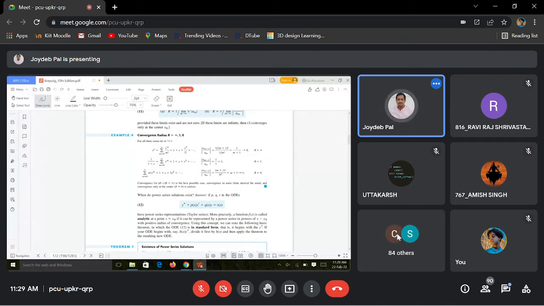Now the last one, see this: the sum over m from 0 to infinity of m factorial into x to the power m.